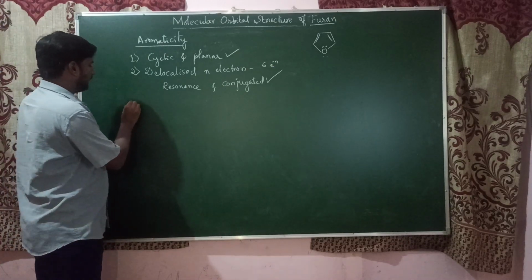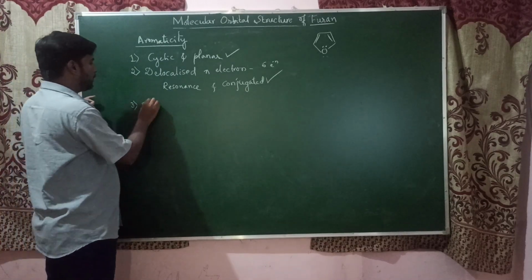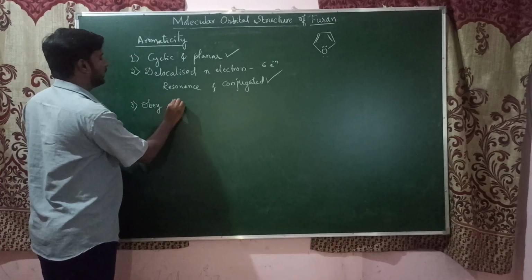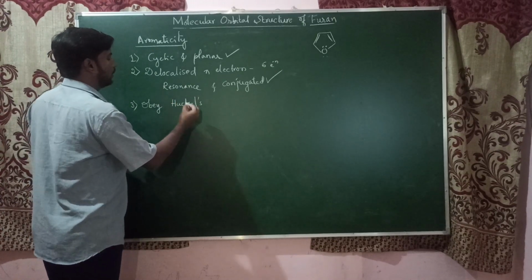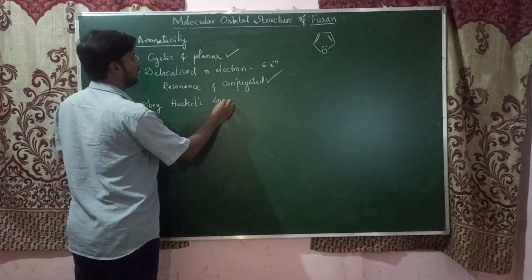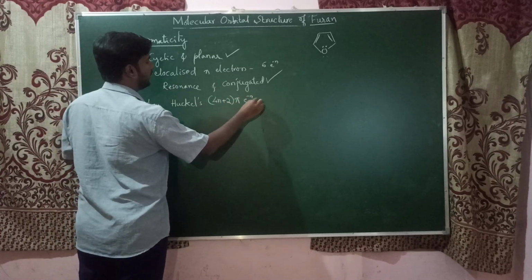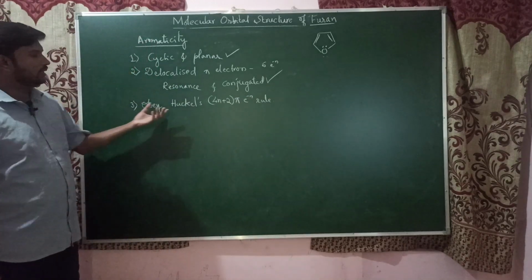When it comes to the third criterion, it should obey Huckel's 4n plus 2 pi electron rule. So what is Huckel's rule?